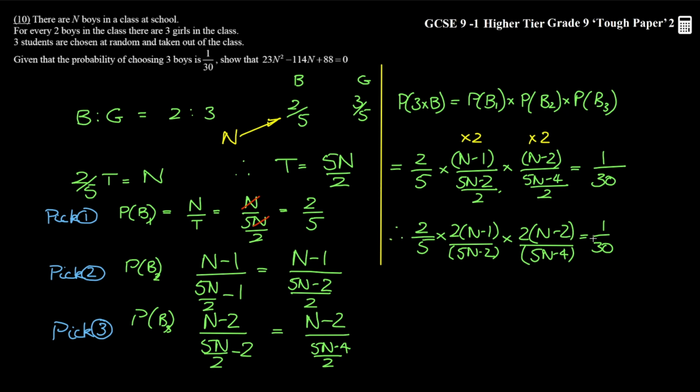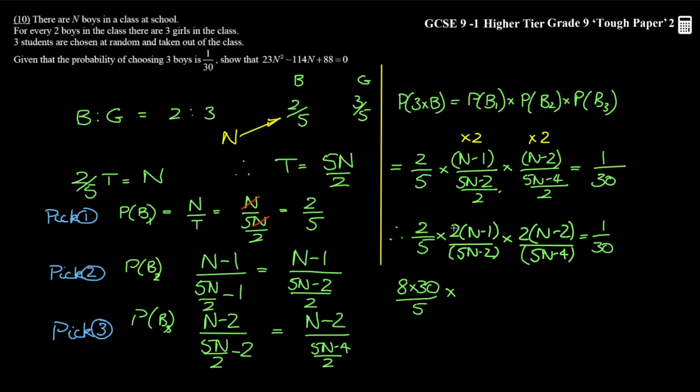So cross-multiplying by the 30, we get, and this is 2 times 2 times 2, which is 8, so we get 8 times 30 over 5. I'll cancel that in a moment. Now I'm also going to multiply both sides by these 2 brackets here, so they will appear on the right-hand side as 2 multiplying brackets.